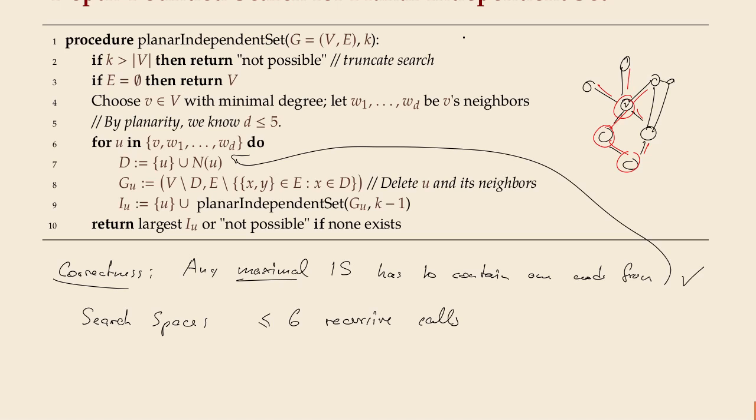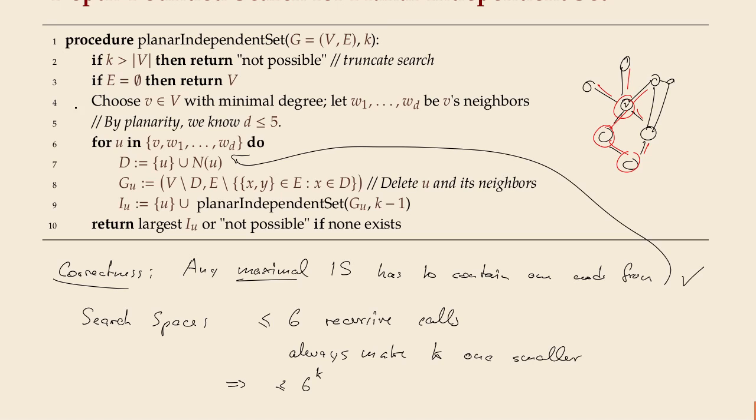It's just by the recursive structure of the rules that we will never generate non-independent sets. Okay, at most 6 recursive calls. Always make k 1 smaller. So at most 6 to the k different solutions that we try.